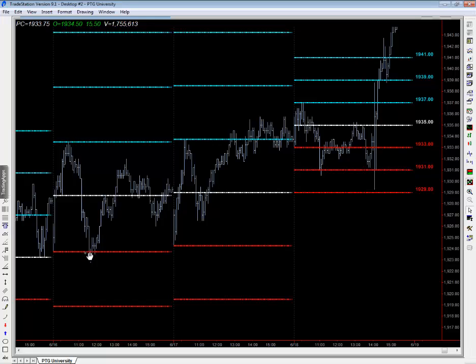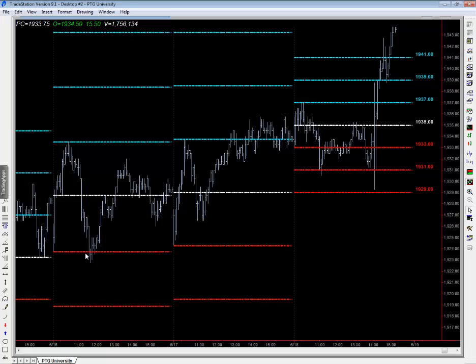Now, when you have a wide initial balance like that, you tend to have a range type day. Think about this as a comparison with a football player, a lineman down on all fours.